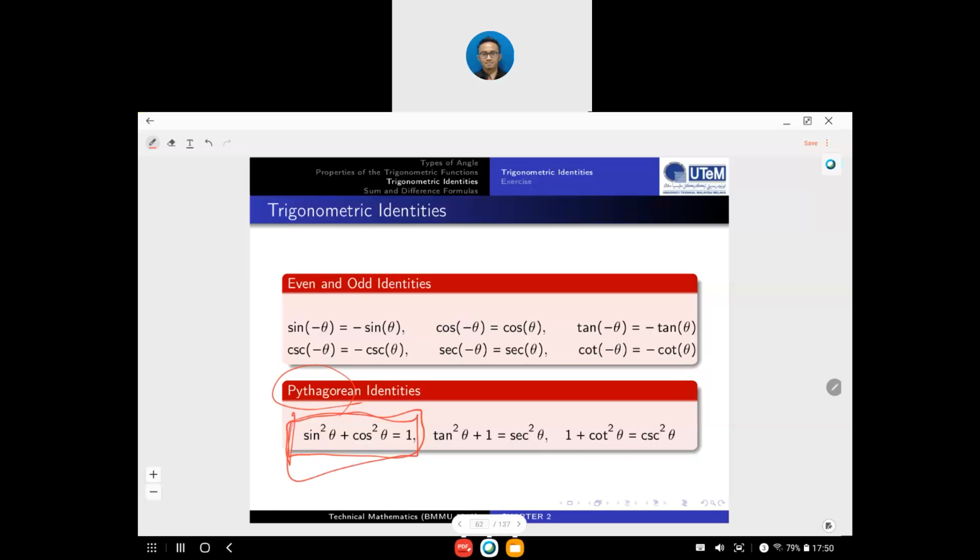And then the second one, tangent square theta plus 1 equal to secant square theta. And then the last one, 1 plus cot square theta equal to cosecant square theta. So this one is all the identities that you must understand.